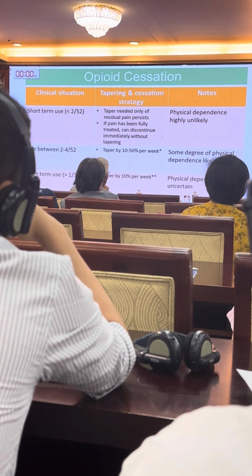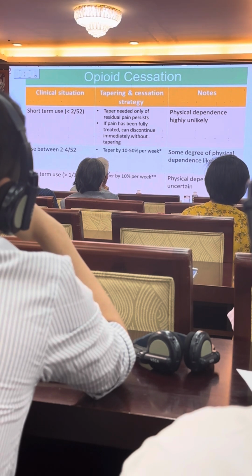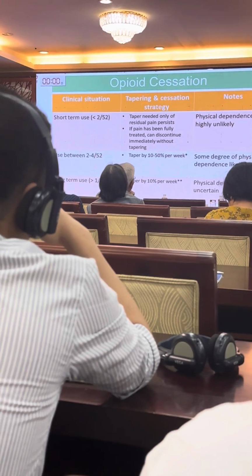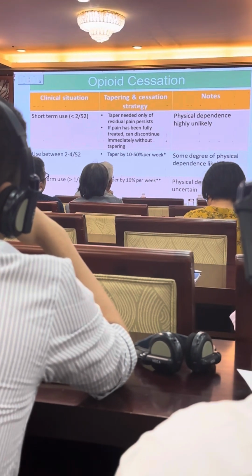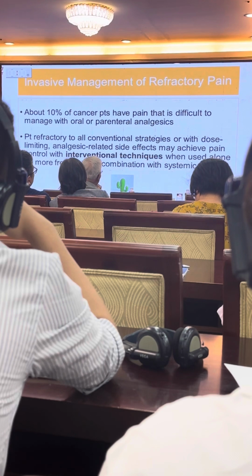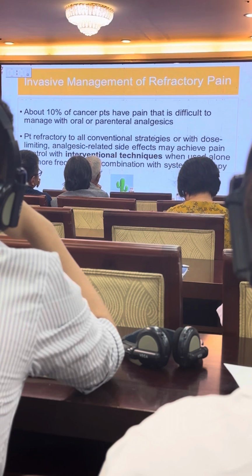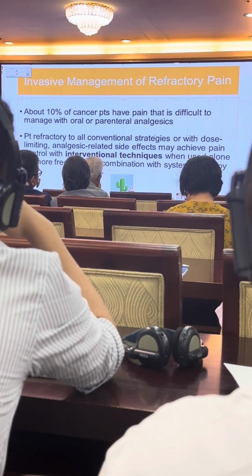However, if patients use morphine for more than 2 weeks, you can follow the WHO guideline for tapering the morphine dose in order to avoid the occurrence of withdrawal symptoms. Why do you have to cut down or stop morphine in cancer patients? One, the patient might have intolerable side effects, and two, in some cases, the patient is really lucky to go from a painful to a pain-free state, so you don't have to use morphine anymore.